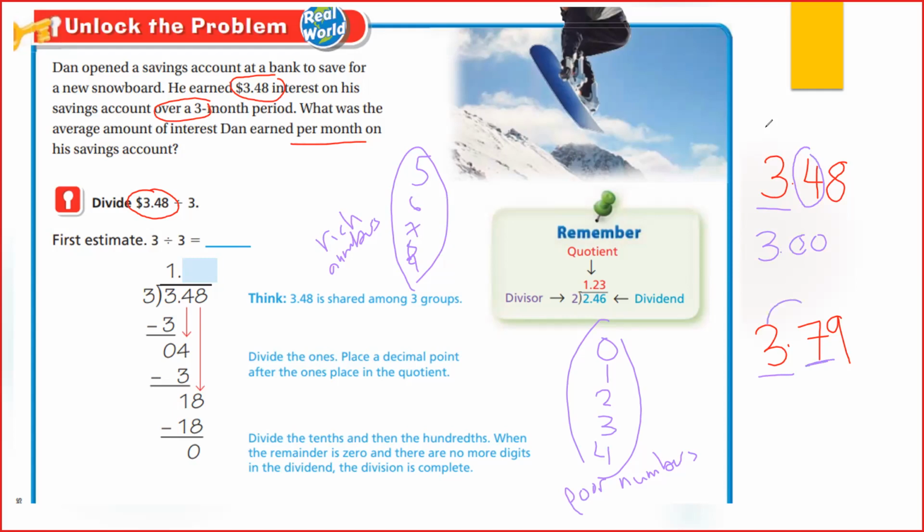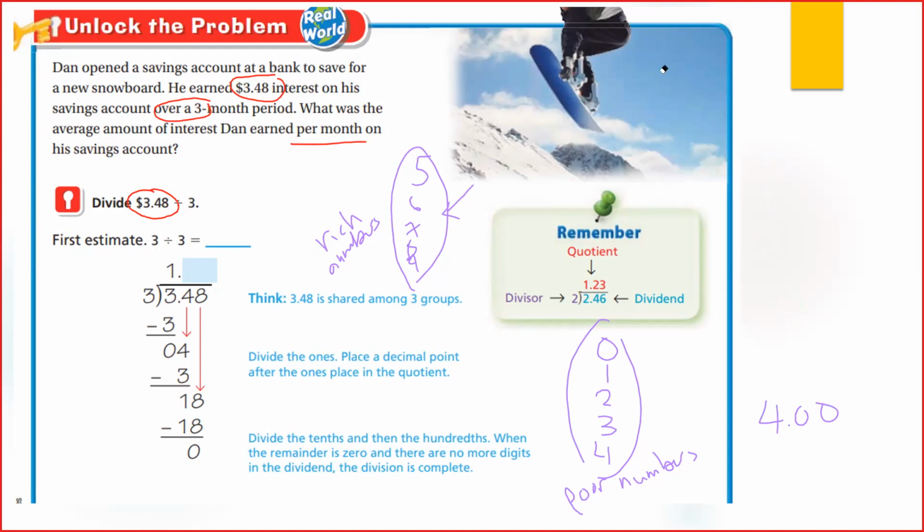Look at the 3, then look at the number after it, which is 7. Since 7 is a rich number, it can raise me. It can give me something. So the 3 will be 4. This is how to estimate the numbers. Did you understand that? How to estimate?